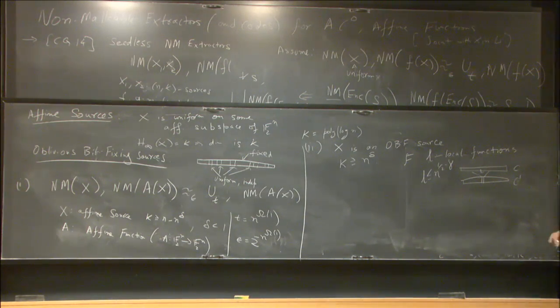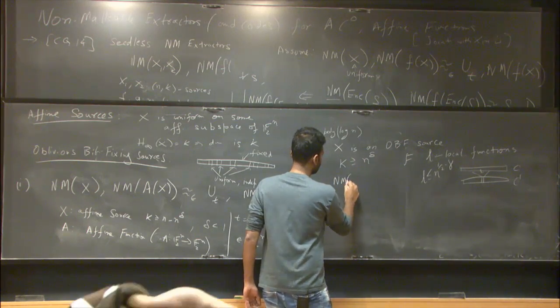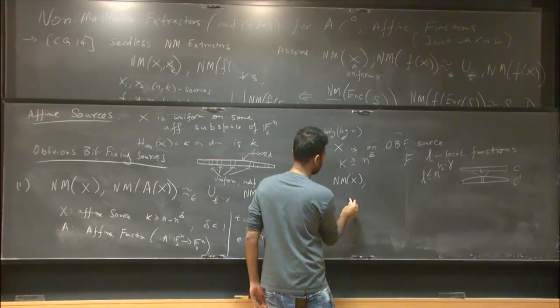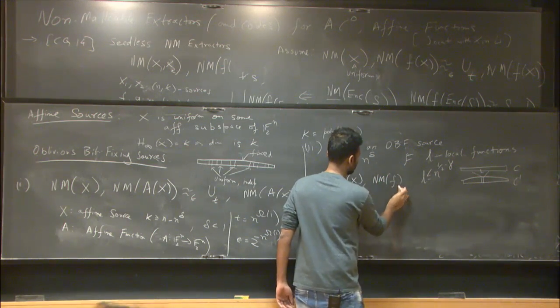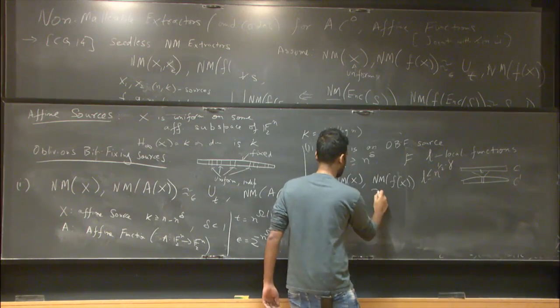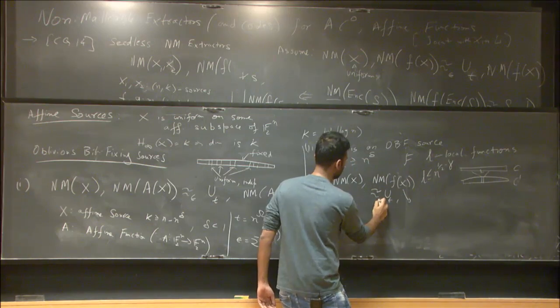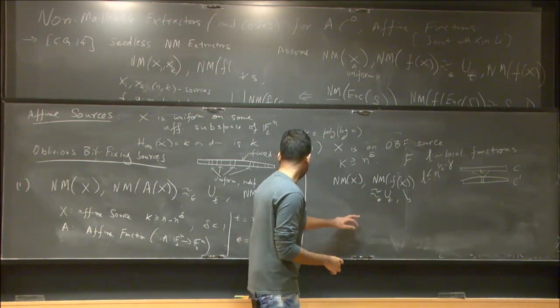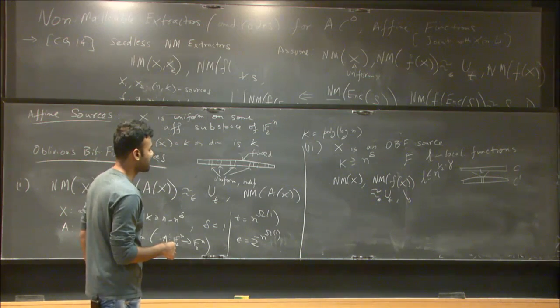We get a corresponding non-malleable extractor for f, where f is in this family, with output epsilon-close to uniform, and the epsilon is similar and T is similar as well.